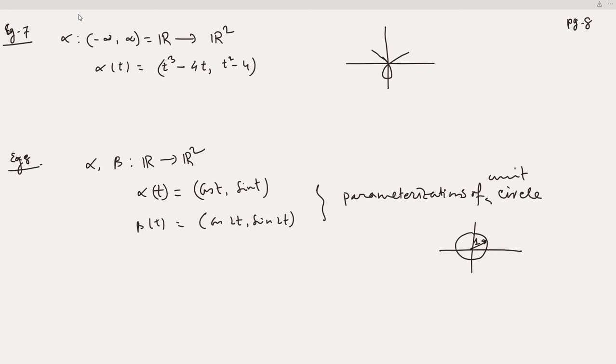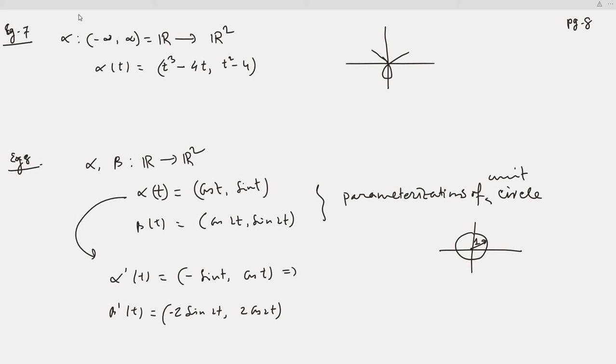Every point has a tangent. There are no points where its derivative is 0. One thing you can notice: alpha prime of t is equal to (minus sin t, cos t), and beta prime of t is equal to (minus 2 sin 2t, 2 cos 2t).